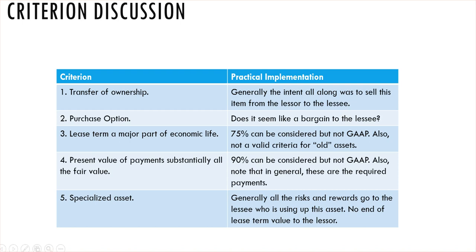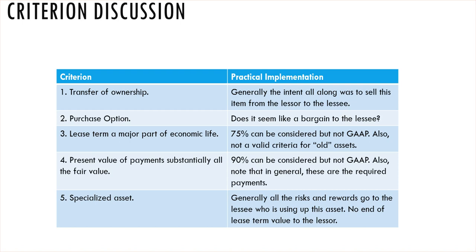The change now is to get rid of the bright lines, which are rule-based, and to use principles. And so when we look at it, we say under 3 and under 4, we're going to use 75% as guidance. We're going to use 90% as guidance. So if we had a problem and we didn't get 90%, but we got 89%, or we got 88%, then we can argue.